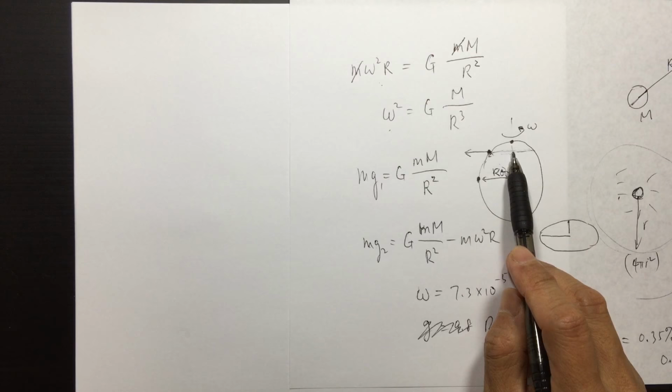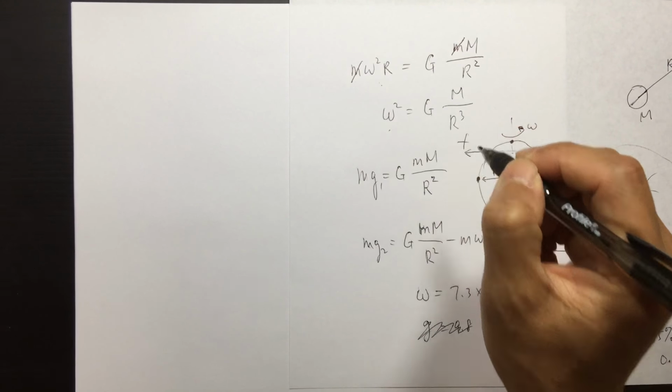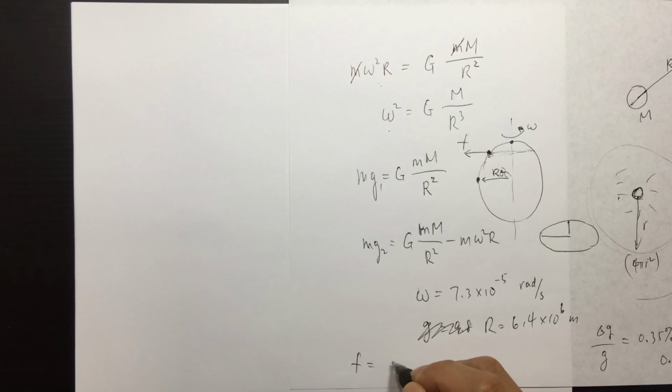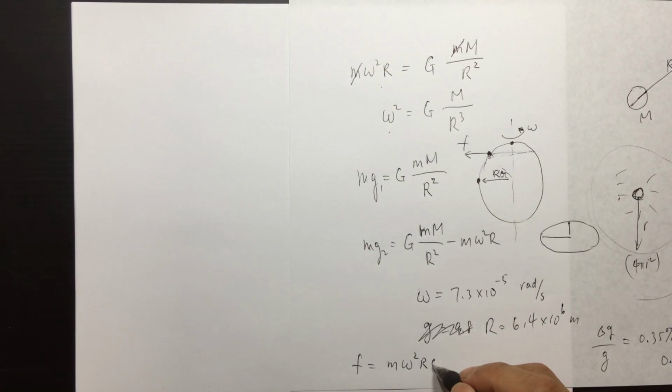So what is this small R? It's big R cosine theta.